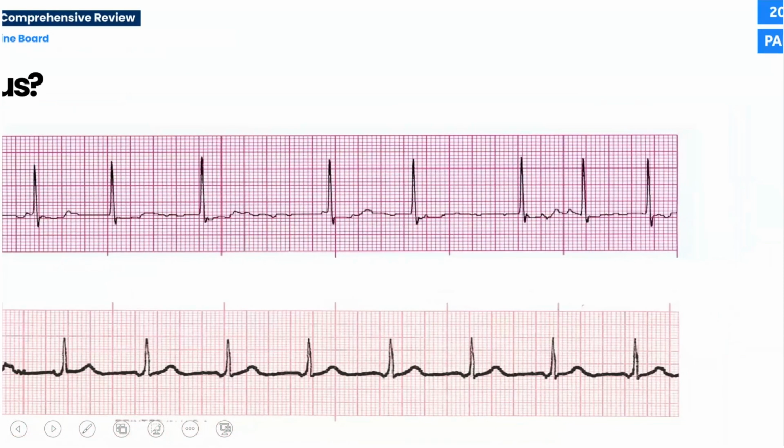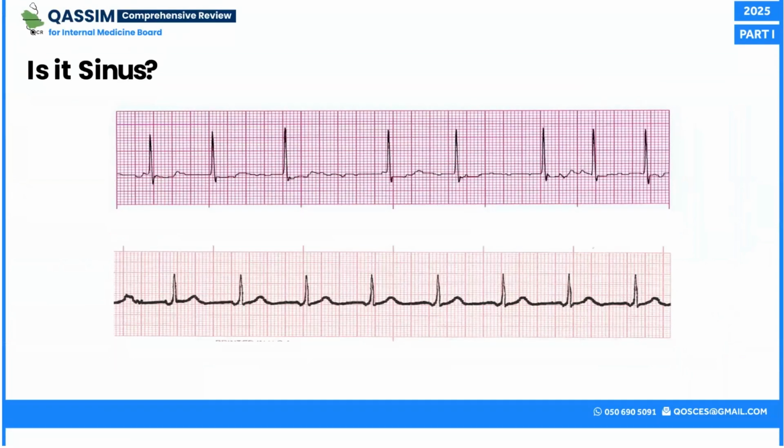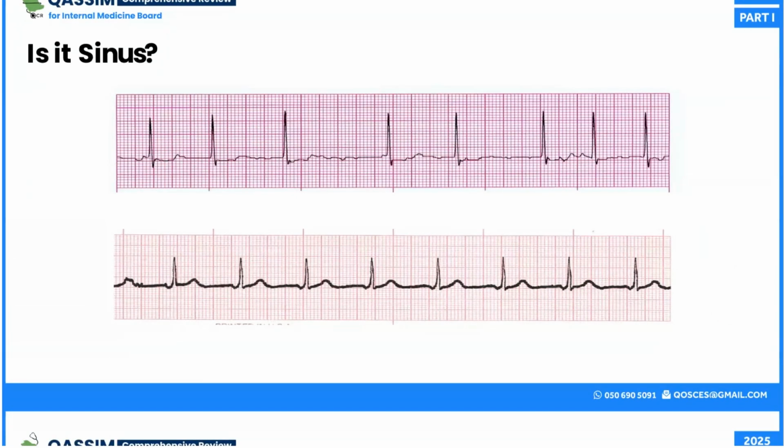So what do we mean by the axis? The electrical signal throughout the heart has a total vector that is directed toward the normal axis, which is downward and outward. So it is toward the legs and laterally. So it is downward and lateral. The two leads we tend to use to check the axis are lead 1 and lead aVF.